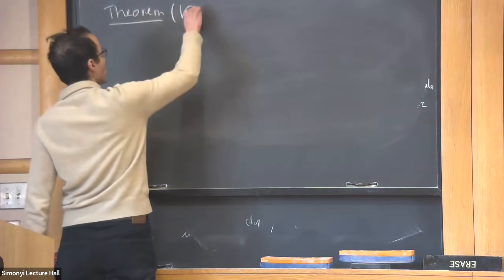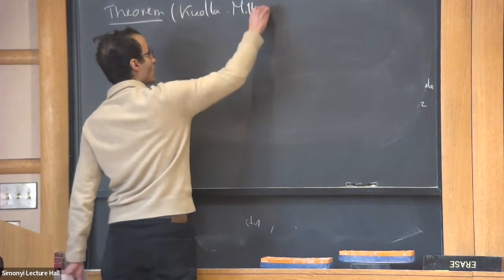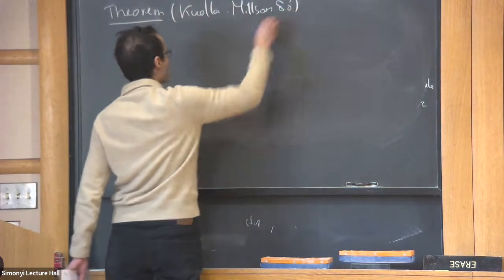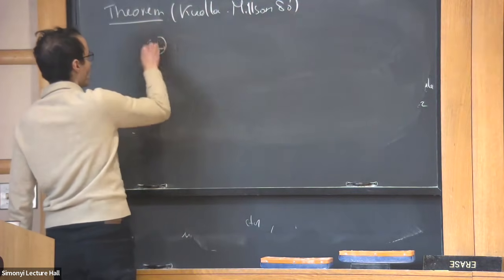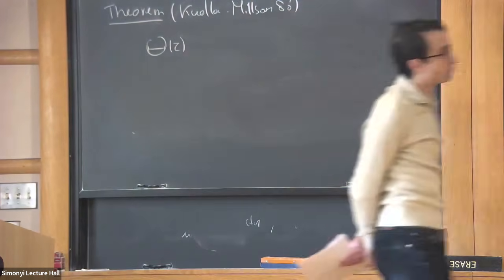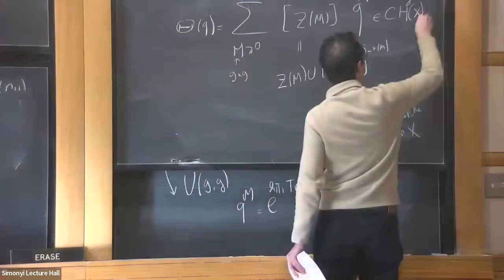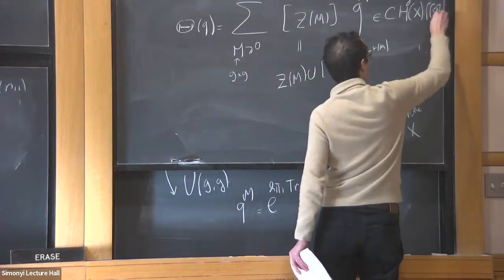This is due to Kudla and Millson in the 80s: theta of tau is, maybe I should say something here. As written, this generating series makes sense in the Chow group of cycles of codimension g in X, with Q coefficients.